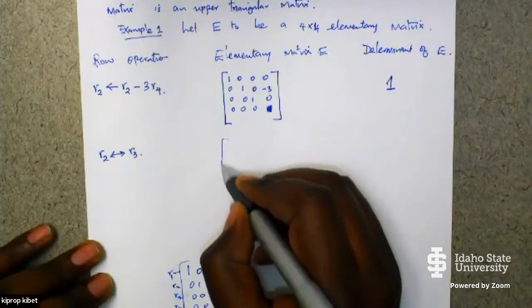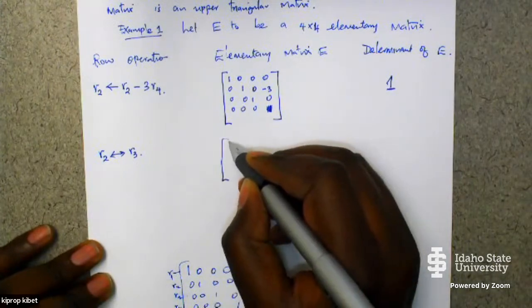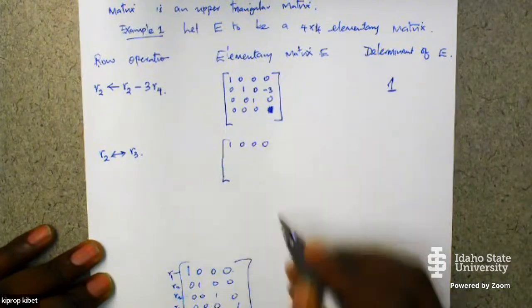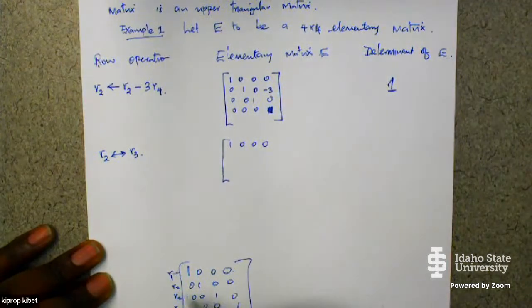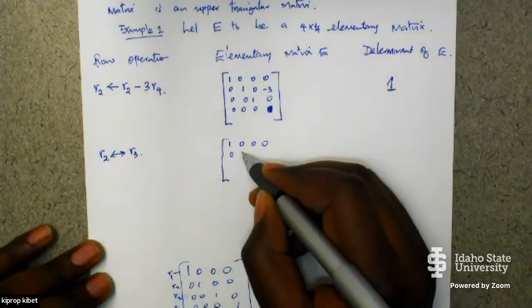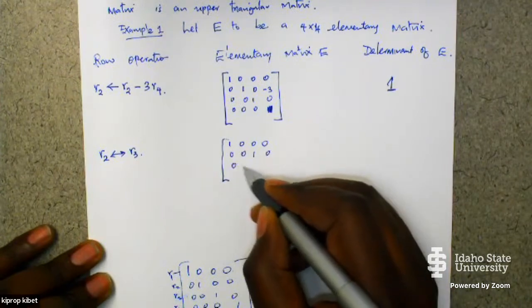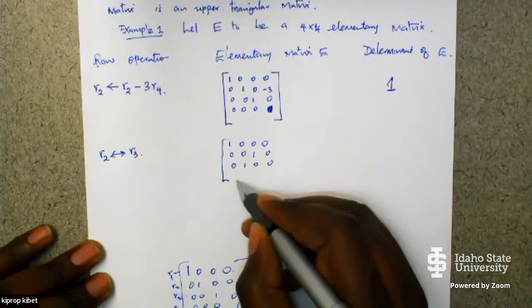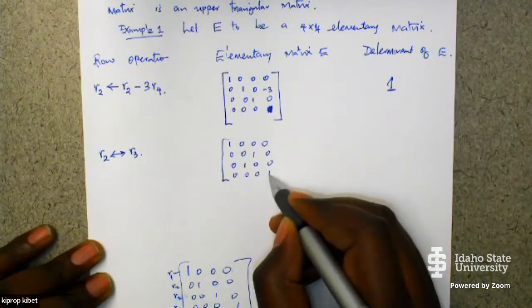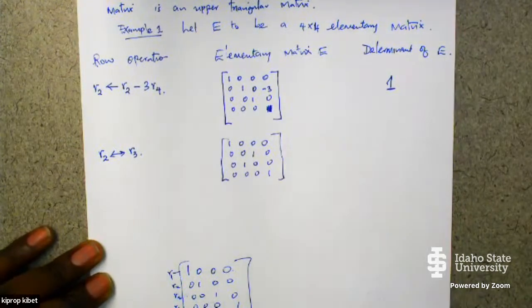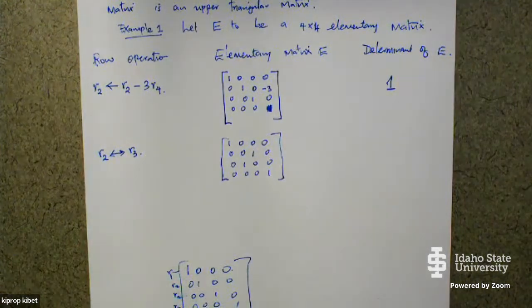So our elementary matrix will now be 1 0 0 0, 0 0 1 0, 0 1 0 0, and 0 0 0 1. We have switched R2 and R3.